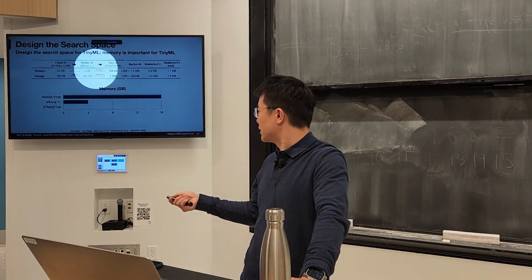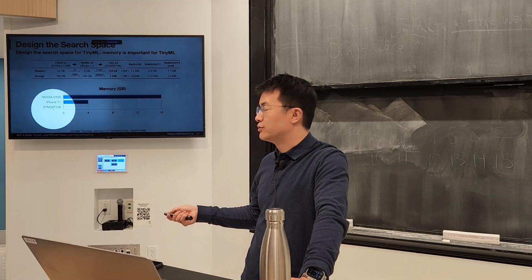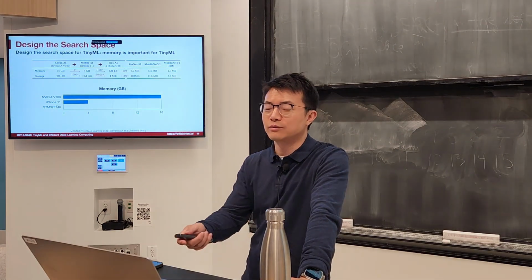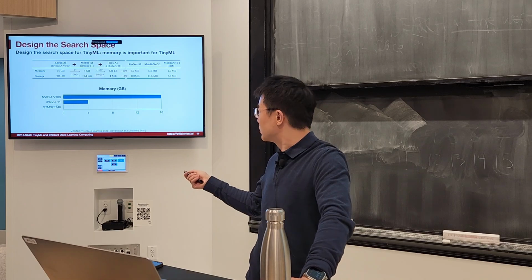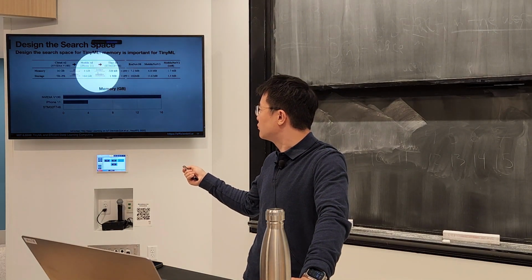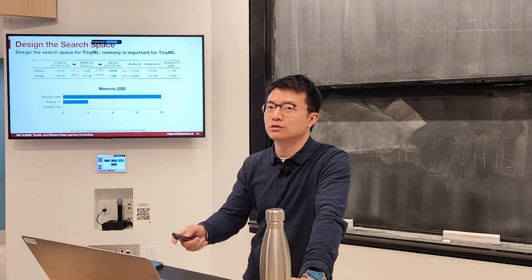And if you compare the memory for GPU for mobile phone to microcontroller, it's almost invisible for the microcontroller since the memory is just so small. Here we have 3 orders of magnitude smaller memory and 4 orders of magnitude smaller storage.